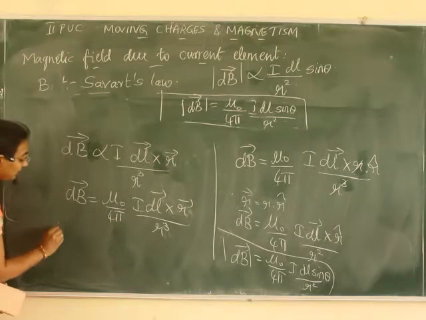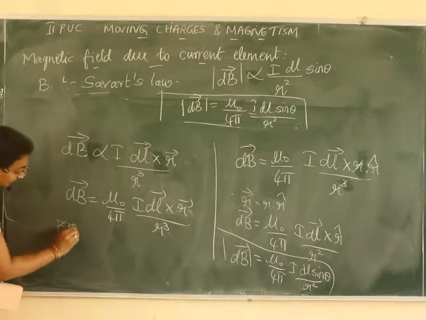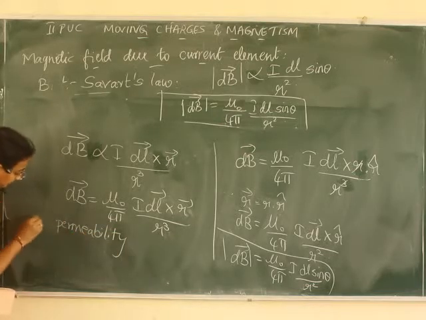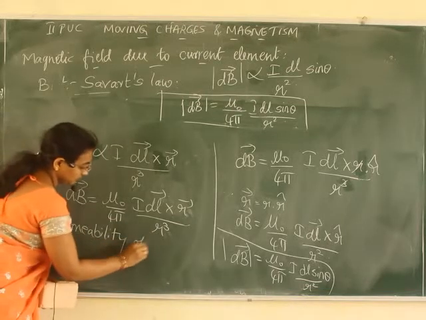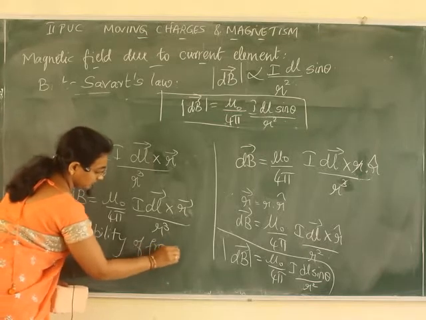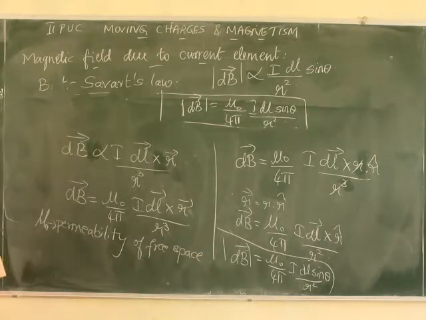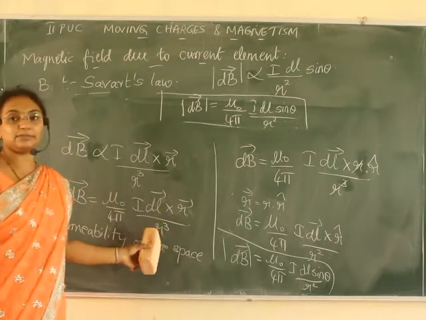Epsilon naught is permittivity; this is permeability. Permeability of free space. Okay, dB vector is equal to mu naught by 4 pi Idl vector cross r vector by r cube.